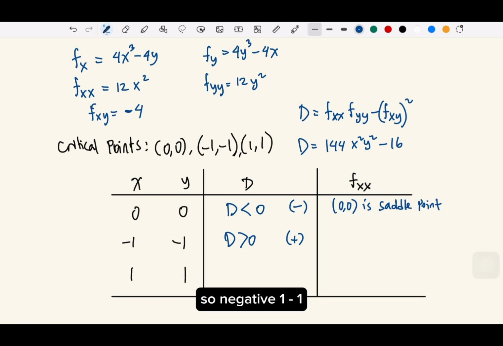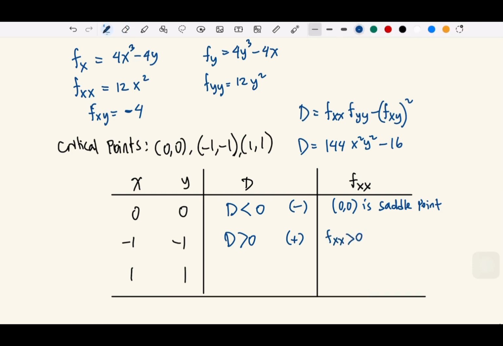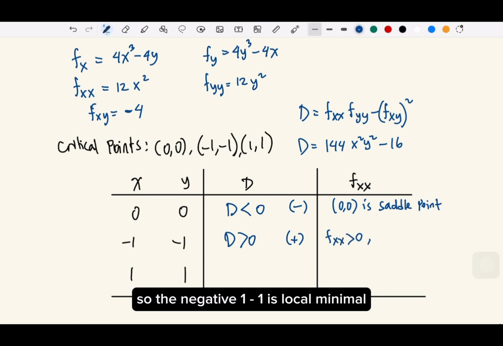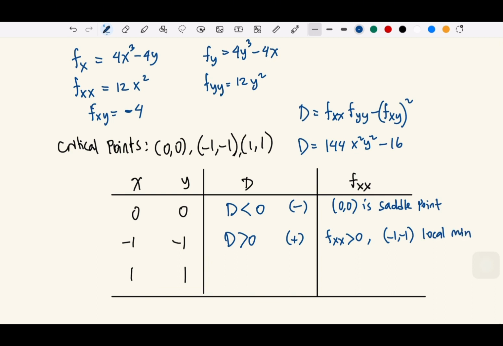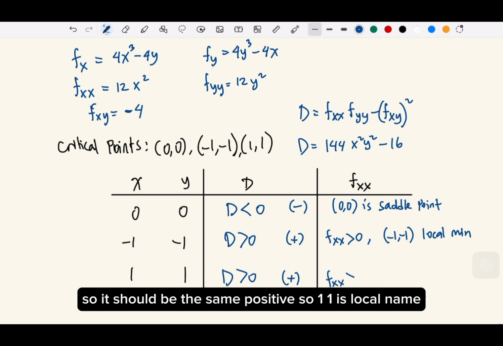So negative 1, negative 1, already right here, fxx is positive. So negative 1, negative 1 is a local minimum. This is also the same, and this should be the same as well because of the squared, so it should be the same, positive. So 1, 1 is a local minimum.